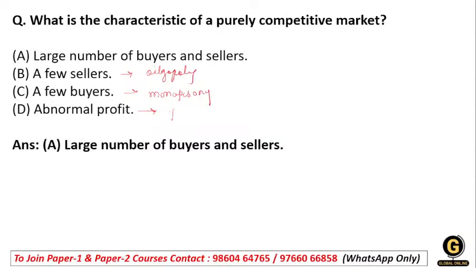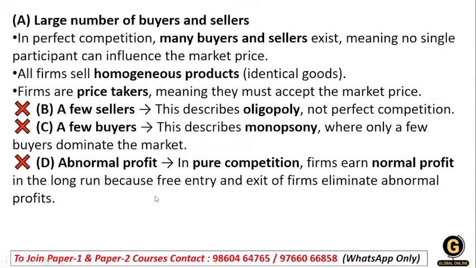So normally they earn normal profit, not abnormal profit. That's why option number A will be the right answer, students.